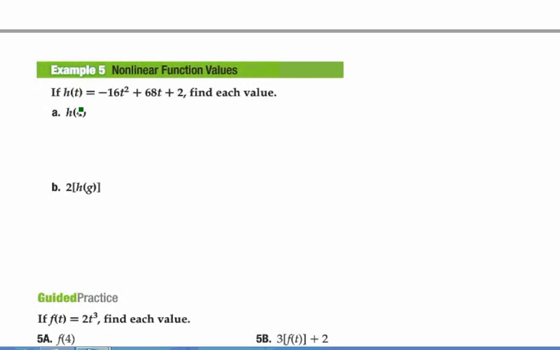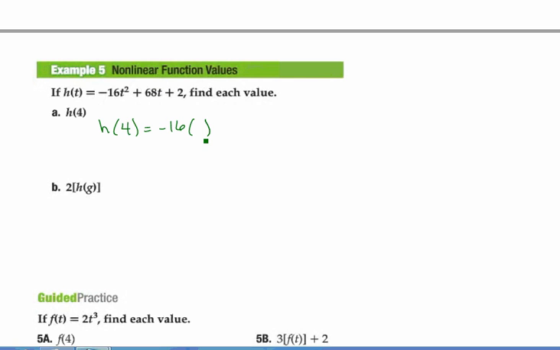Even though we look at an h right now and a t, maybe we're dealing with height and time, we're still doing the same thing because this is saying h of 4. Plug a 4 in for our values of t. So h of 4 equals a negative 16.